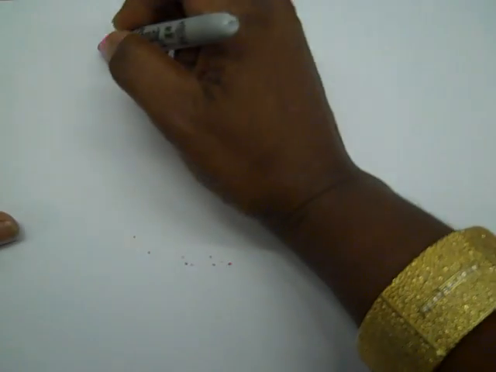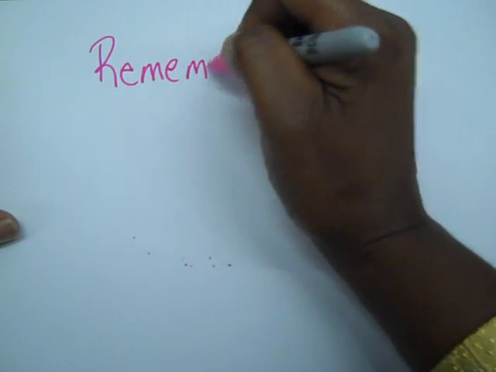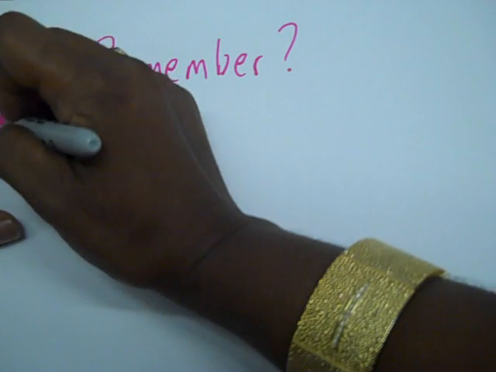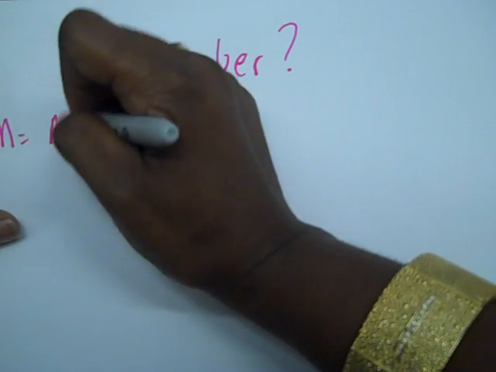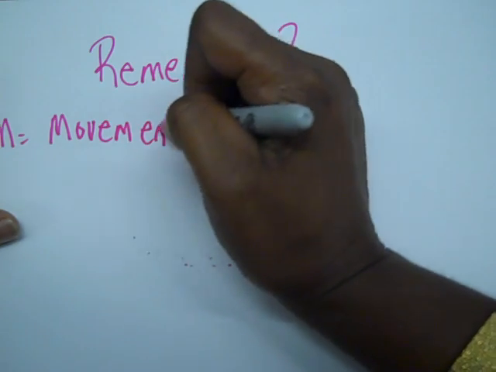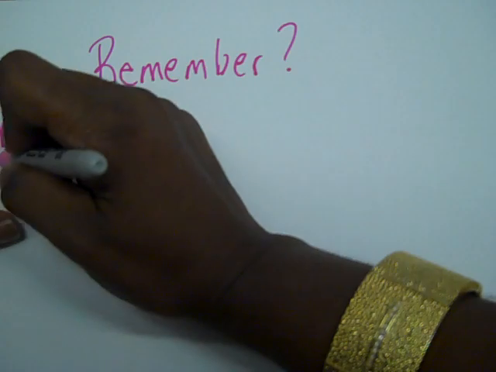Okay, if you cannot remember the 5 themes of geography, I have something to help you. How can I remember? Think about Mr. Help. M stands for movement. R stands for region.